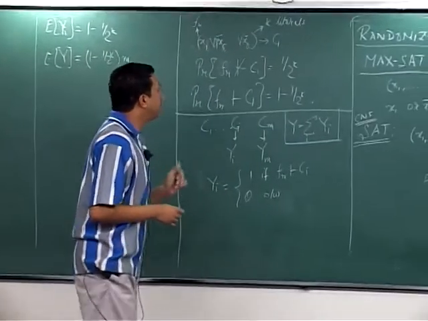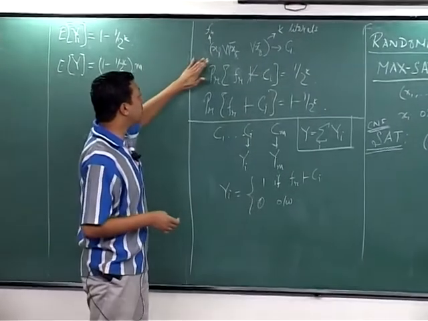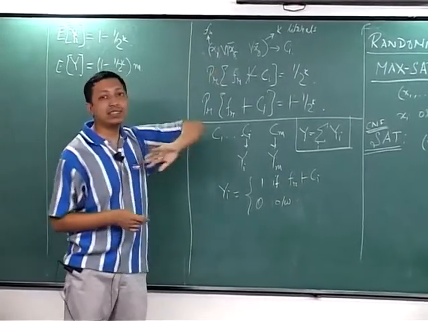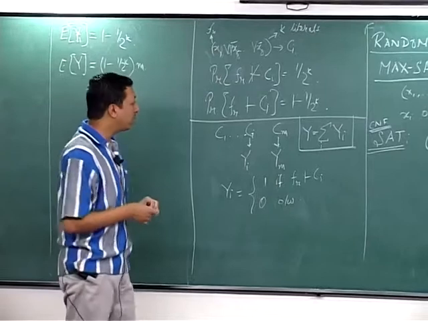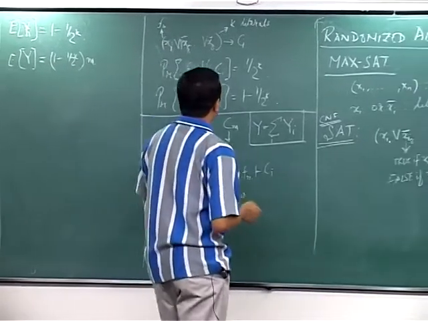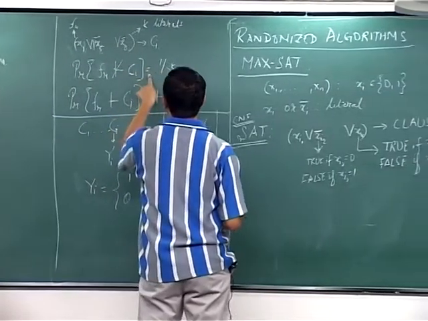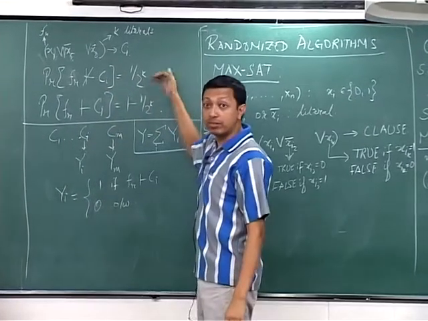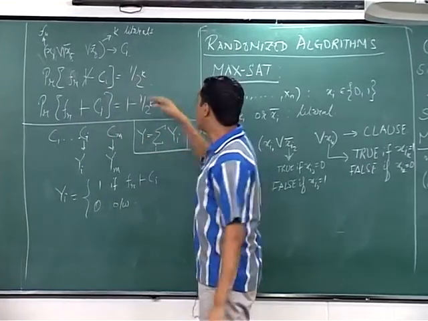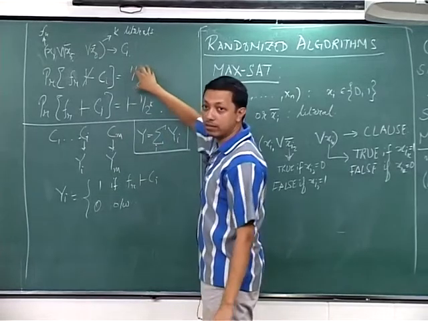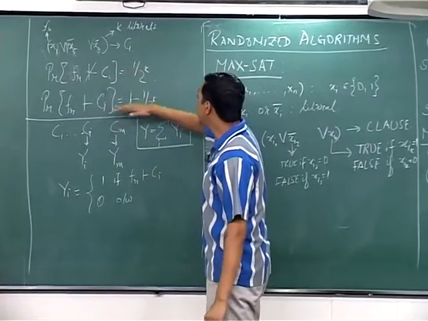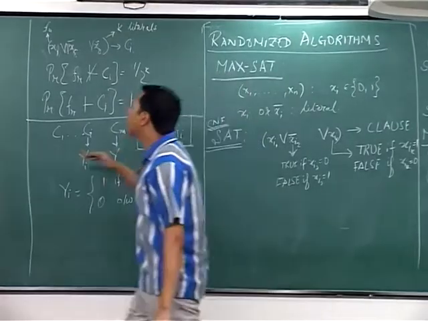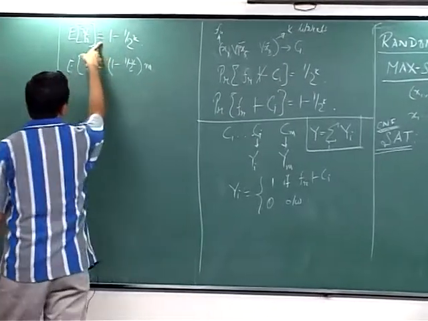So what I need to assume is that every clause has at least k literals. In that case, this would be at most 1 by 2 power k, because if k increases, this quantity decreases, right? So it's at most this, so this is at least that, and therefore you get that the expectation here is at least this one.